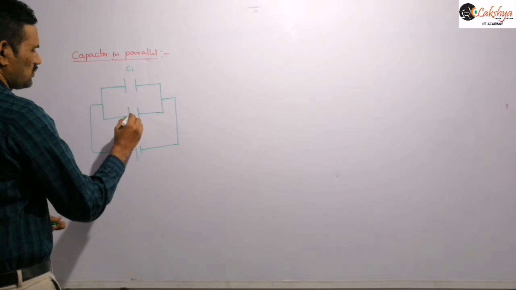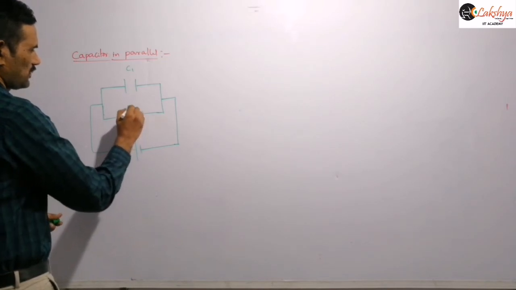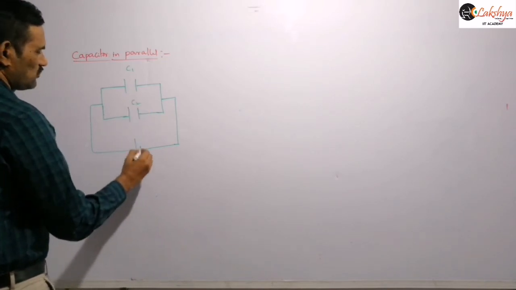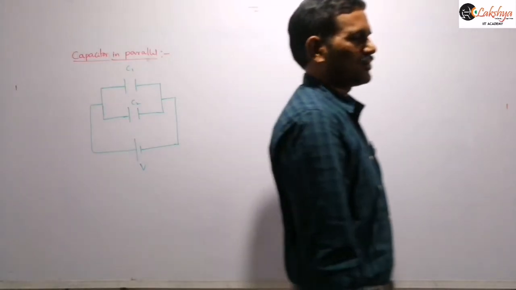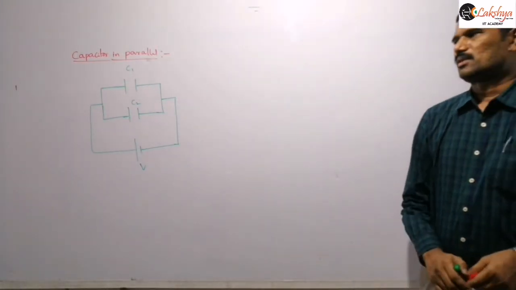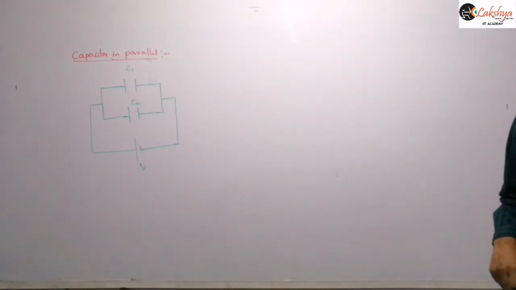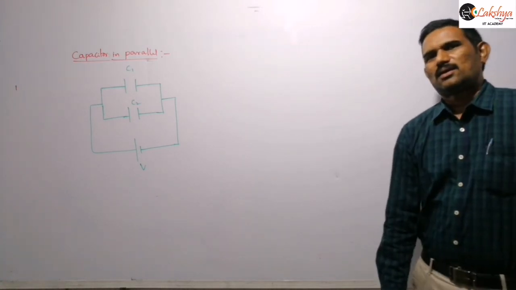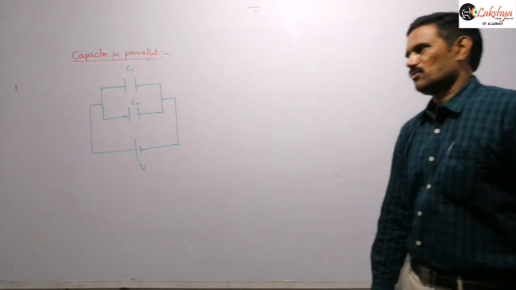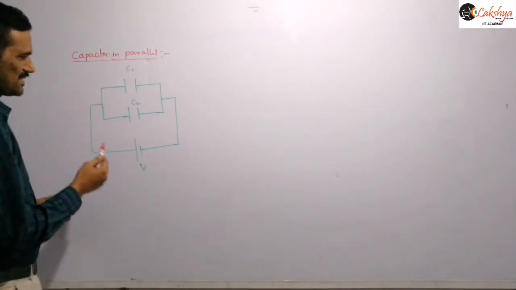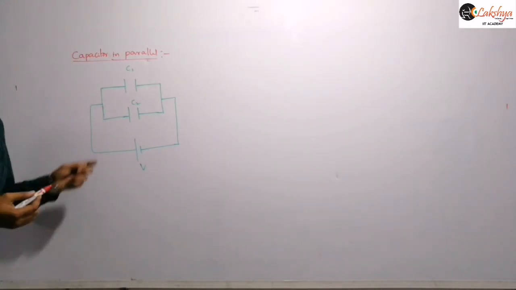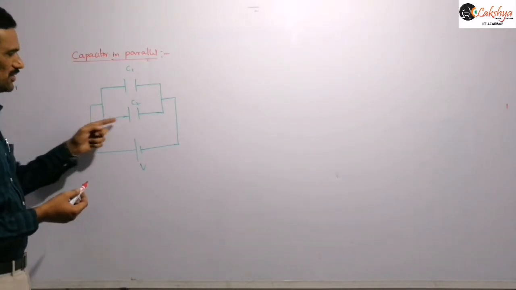Consider two capacitors of capacitance C1 and C2 connected in parallel across a cell of EMF V. Now here, as two paths are available, charge may flow along this path or along this path.